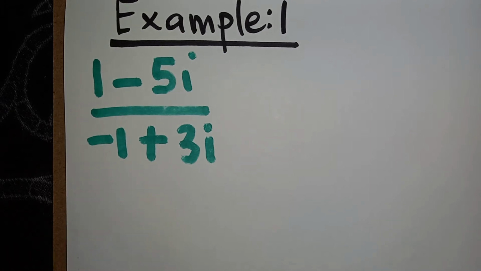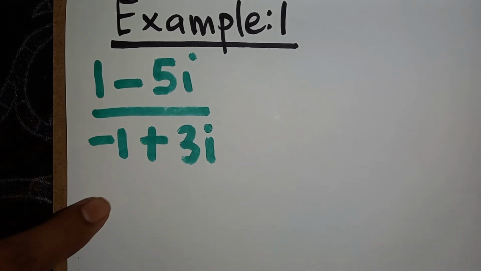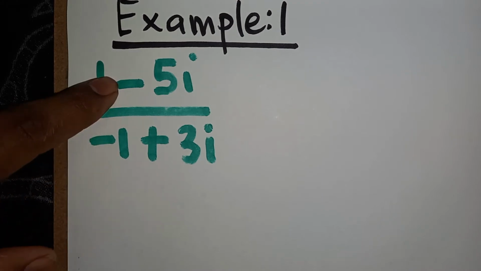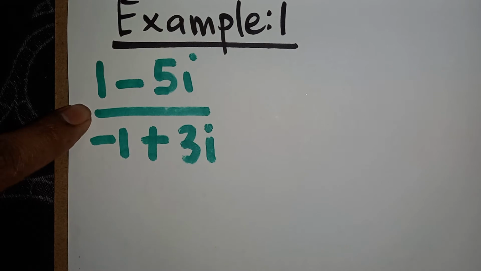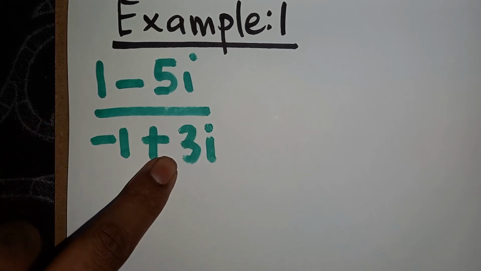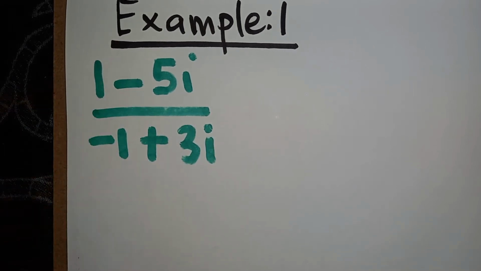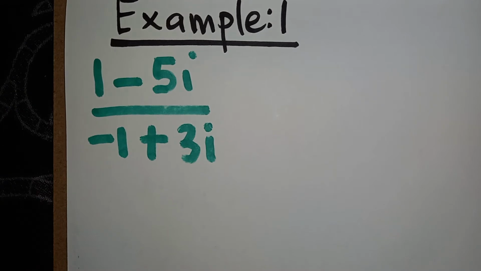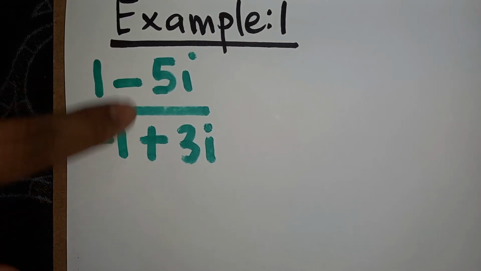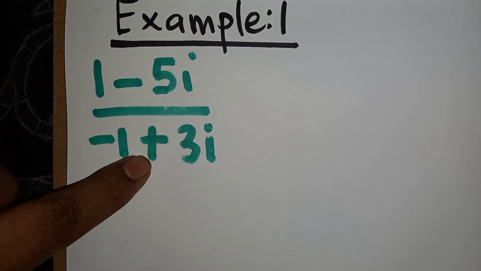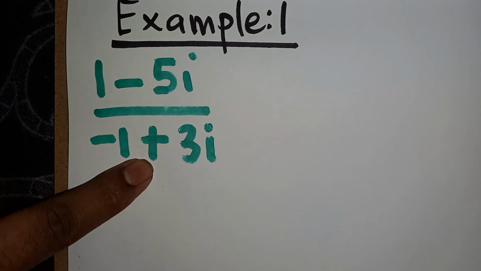So we are going to divide them. First complex number, then you have a line here called the division line, and divided by another complex number. Now what does the rule say? The rule says we are going to multiply both of these by the conjugate of the denominator.